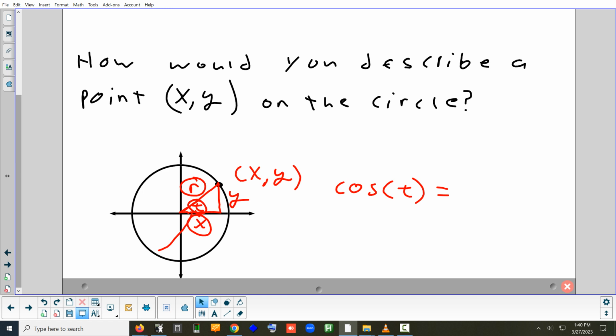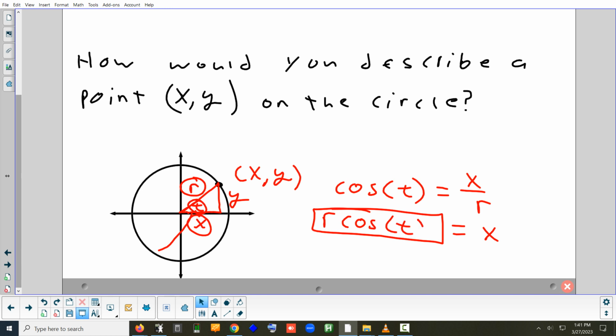X over R. And when we describe something parametrically, we need x equals, and then we need y equals. So what would x equal in this case? Cosine of t times R. I'm just going to put the r in front. So r cosine of t.